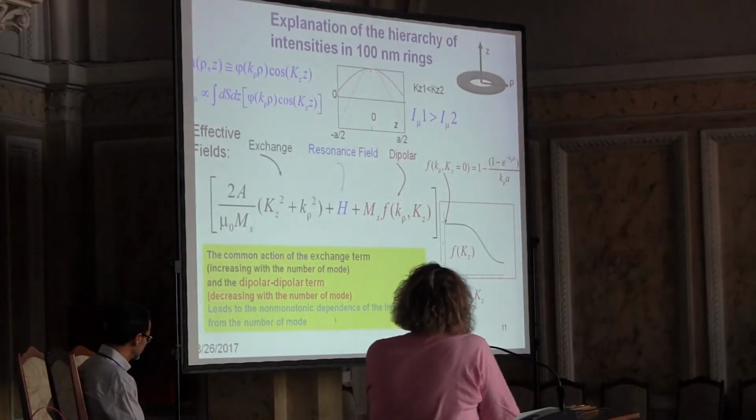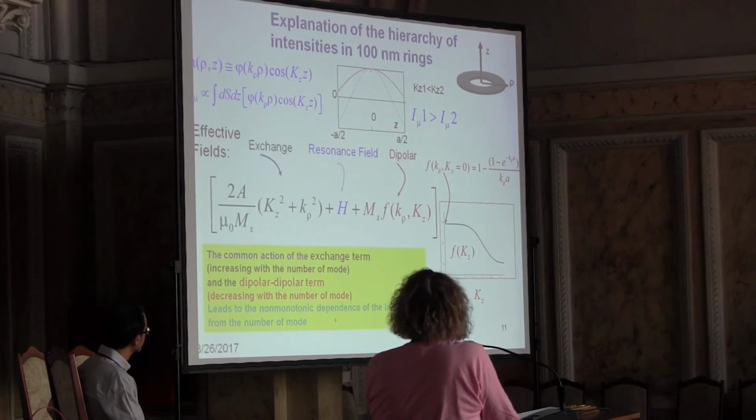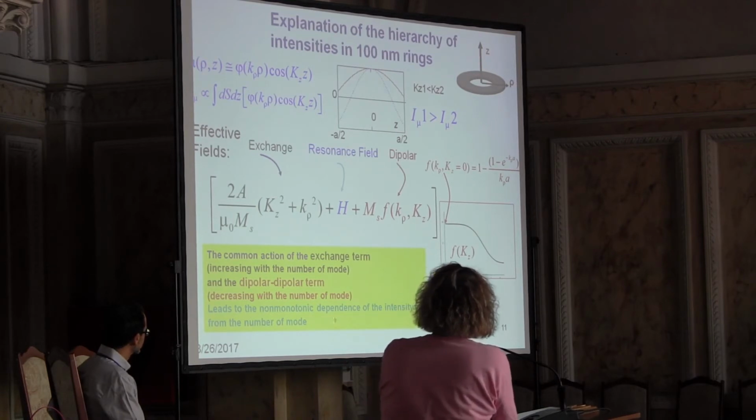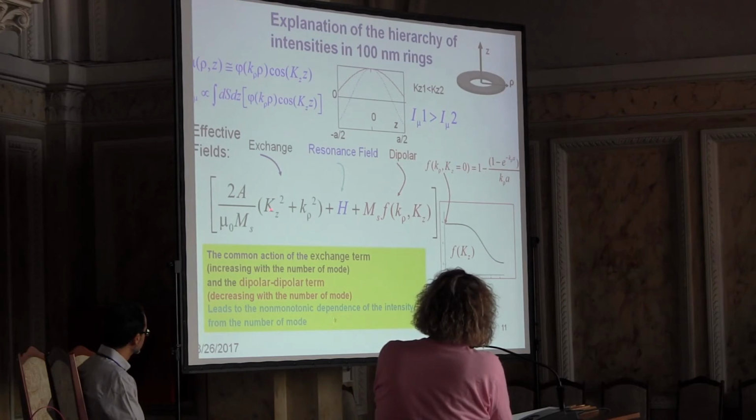The explanation simply follows from the fact that the profile of the spin wave depends on the z coordinate. This is the effective bias field. k is the wave vector along the z axis. The exchange part depends in such a way, and this increases with increasing number of the mode.